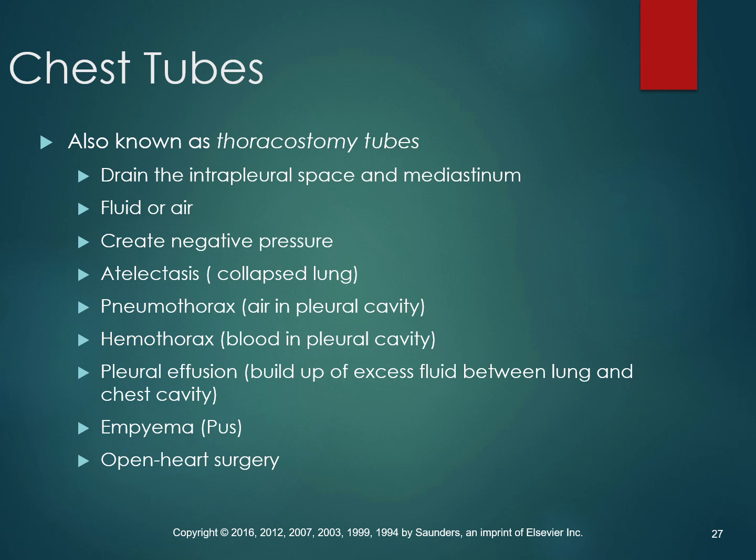If there's atelectasis, which is a collapsed lung; if there's a pneumothorax, which is air in the pleural cavity that can lead to atelectasis; and hemothorax, blood in the pleural cavity. It could also be done to remove pleural effusion, which is a buildup of excess fluid between the lungs and the chest cavity. It can be used if the patient has empyema, or pus in the pleural cavity, and generally patients that have had open heart surgery will have a chest tube in.